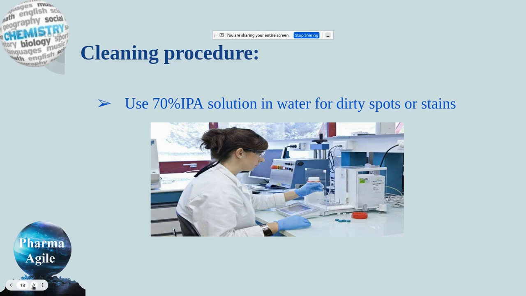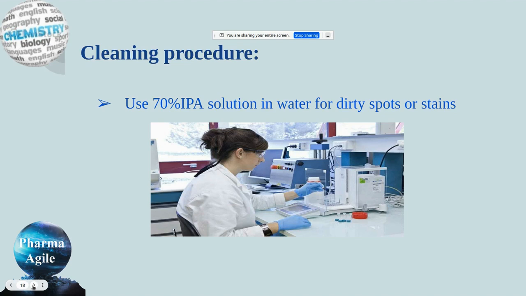Wipe the inner side of the balance carefully with clean moist cotton with 70% IPA solution in water without disturbing the balance, and finally mop with clean dry cotton. In case of dirty spots or stains on the body, use cotton balls soaked in 70% IPA solution in water.